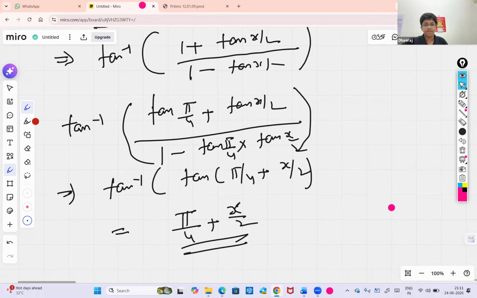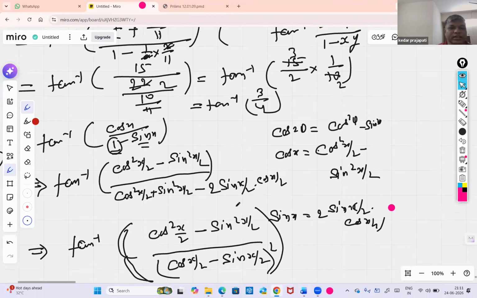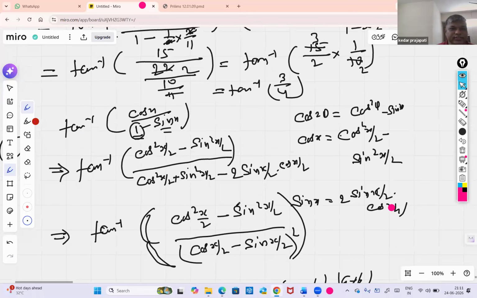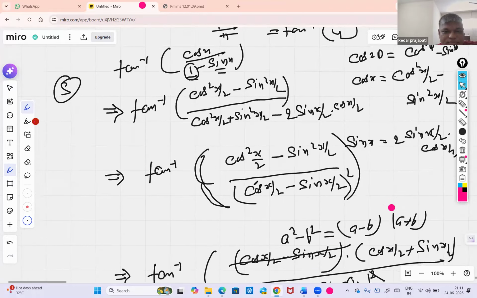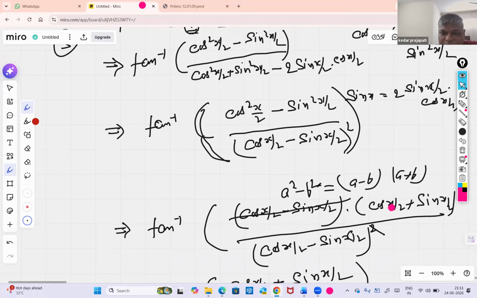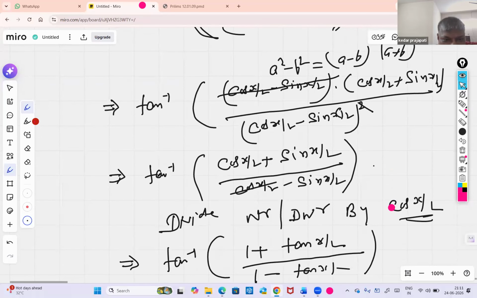Clear? So what did we do? We took the LHS and thought what property has to be applied. Here the half angle property is applied. Then we expanded it. After that, we cancelled the term and divided by cos x by 2, because outside tan inverse is there.